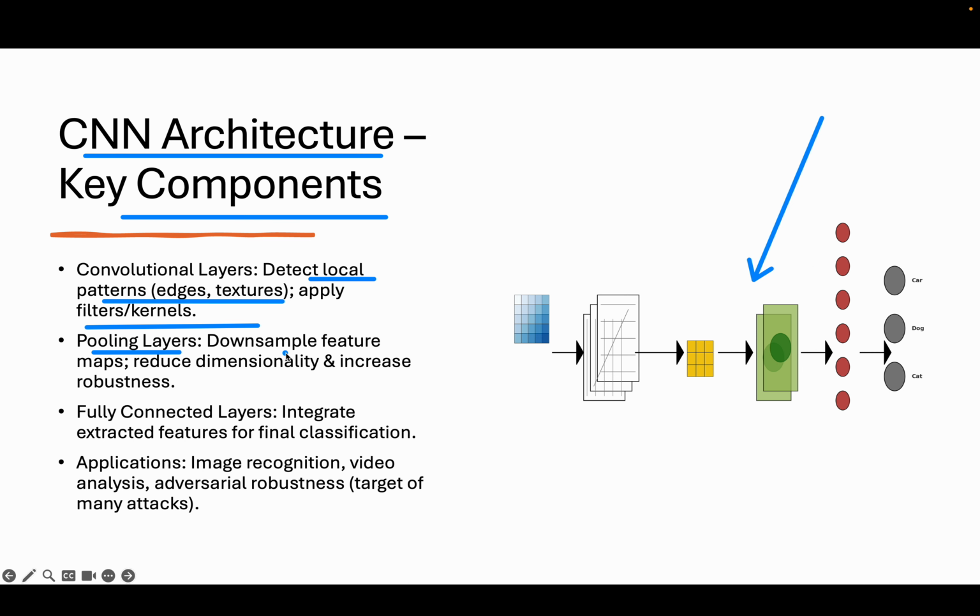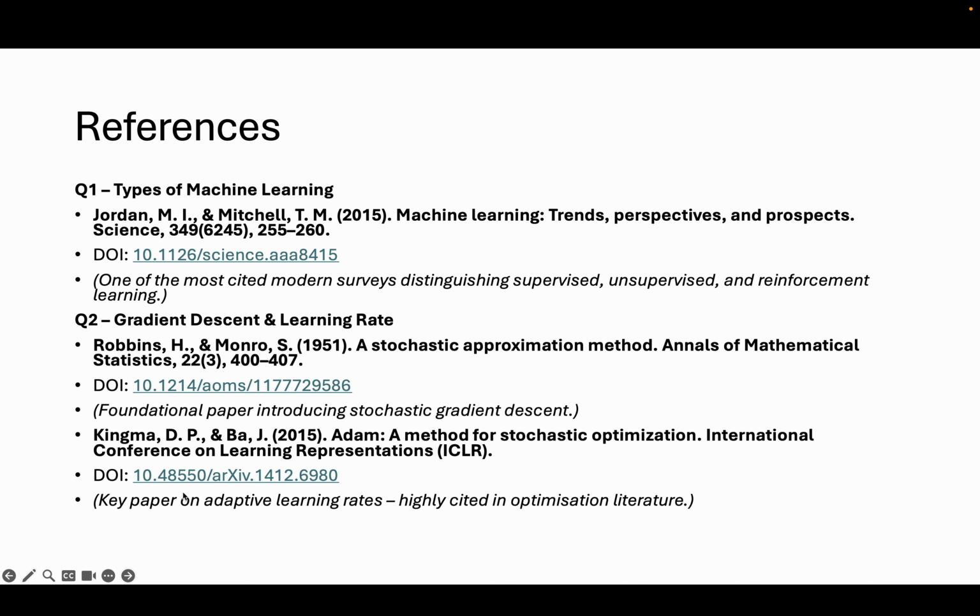The pooling layers downsample feature maps, which reduces the dimensionality and increases the robustness. And the fully connected layers integrate the extracted features for final classification. The implications are usually in image recognition, video analysis, adversarial robustness, and you can target many attacks with this.